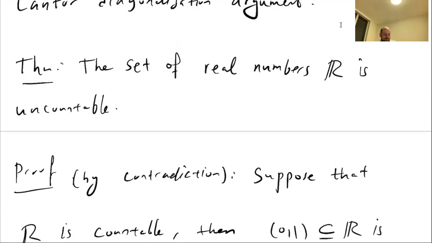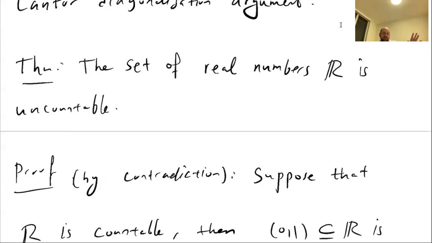Okay, so the real numbers and the open interval 0 to 1 are both uncountable, which means that their cardinalities are bigger than the cardinality of the natural numbers. But how about if I want to compare the cardinality of R and 0 to 1 with each other?